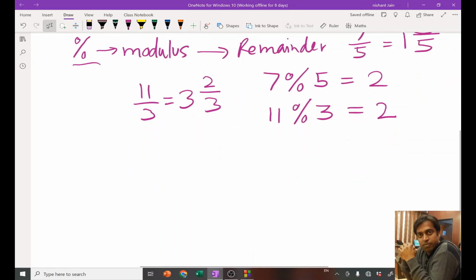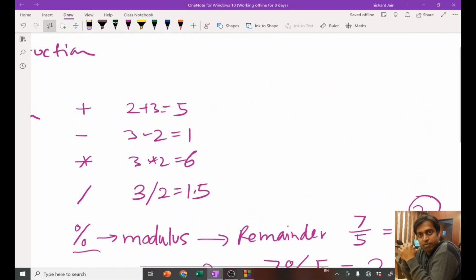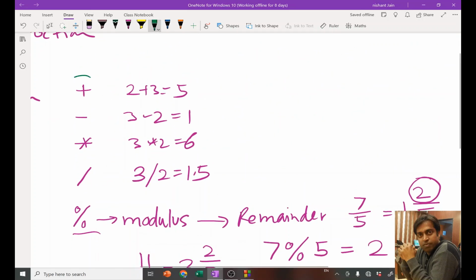If we have something like 18 % 5, over here the remainder will be 3. 18 divided by 5, 5 divides completely 3 times, and 3 will be the remainder. So this remainder we can obtain using this. Right? So these are the 5 operators that are there in C language.